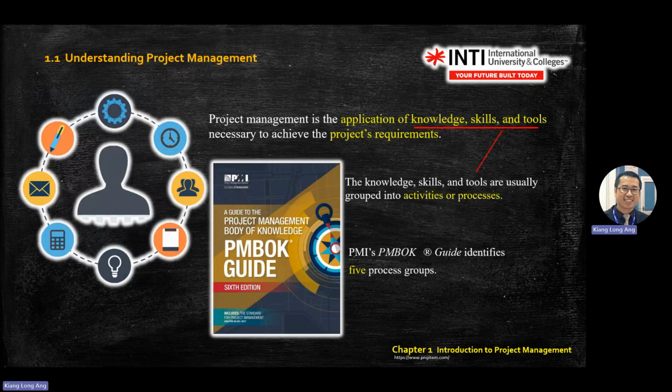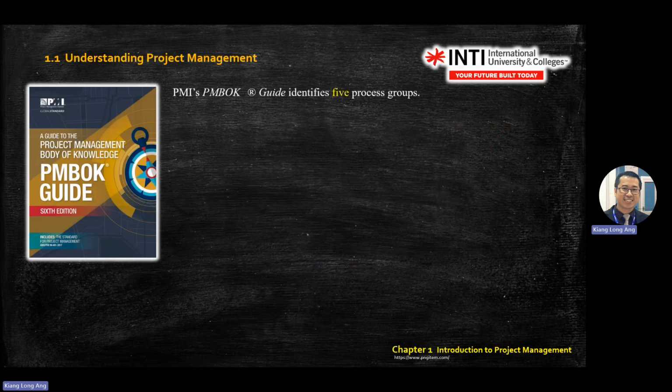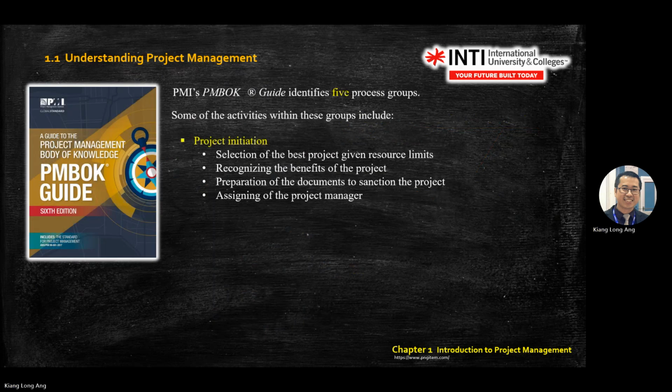Then this book gives you 5 process groups. Means project management has 5 processes according to this book. First one is the start of the projects, called project initiation.